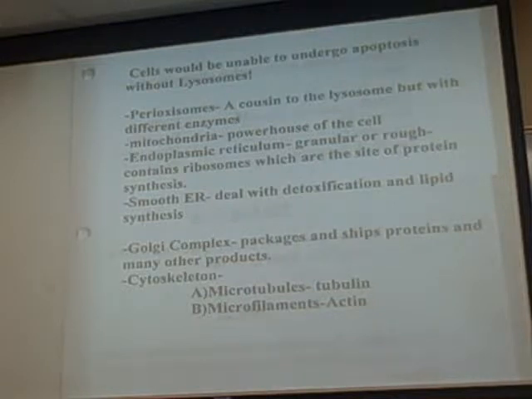That's the rough. The smooth deals with detoxification and lipid synthesis. You'll find a lot of smooth ER in the liver. That's what the liver does, is detox. That's one of many things it does. Golgi complex packages and ships proteins. It does other things, but this is one of the more known things that it does.